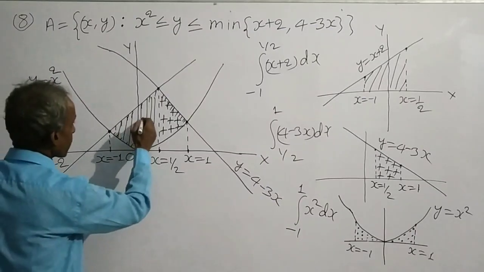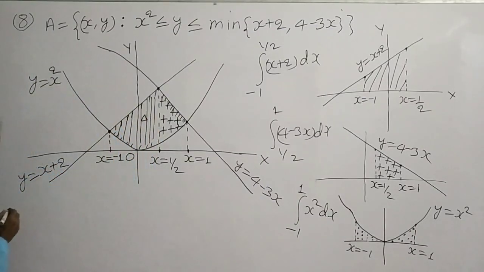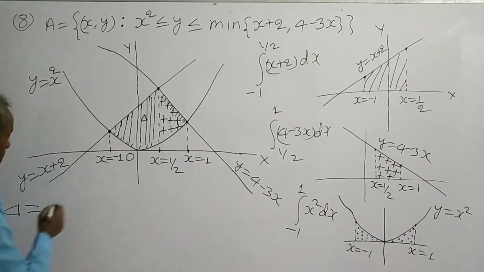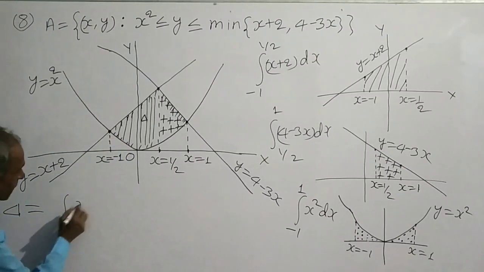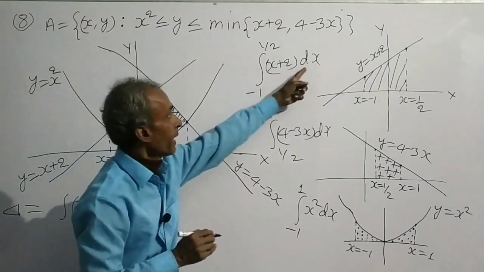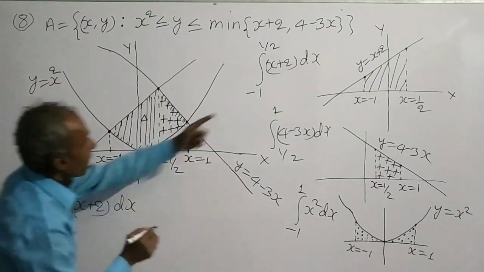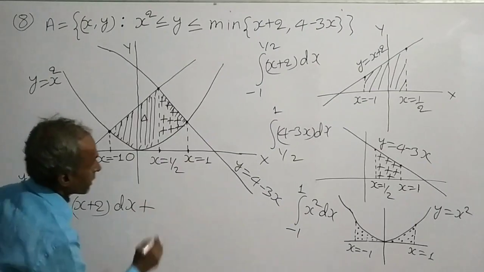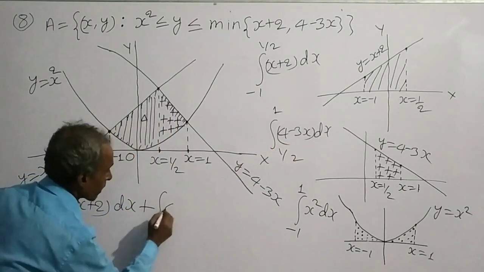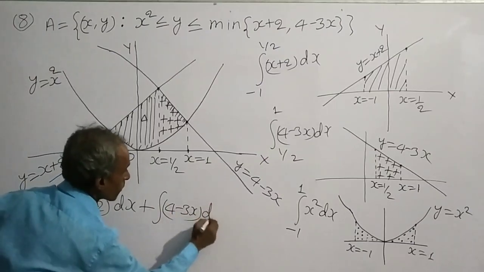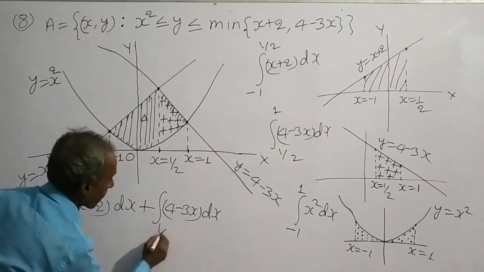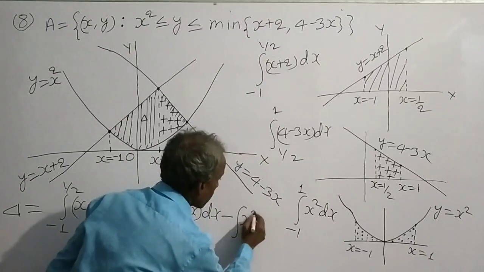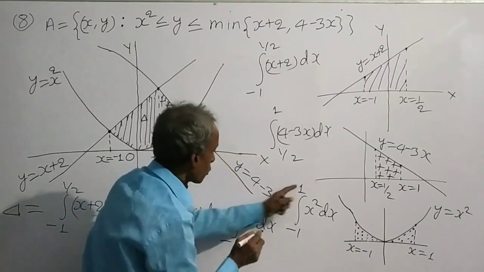If delta is the area of this region, then delta, that means the area of region A, will be given by the integration of x + 2 dx from -1 to 1/2, plus the integration of 4 - 3x dx from 1/2 to 1, minus the integration of x square dx from -1 to 1.